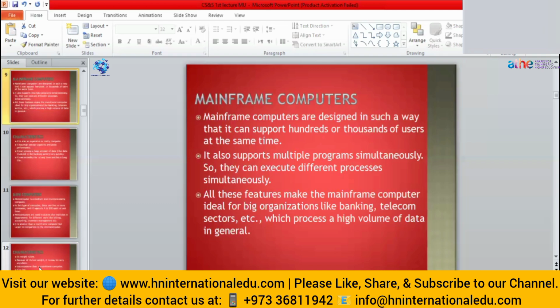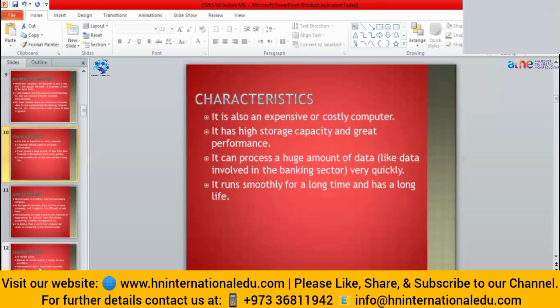All these features make the mainframe computer ideal for big organizations, like in banking, in telecommunication sectors, and in areas like universities where we have multiple students. In those areas, we can use mainframe computers when we have to facilitate multiple persons.